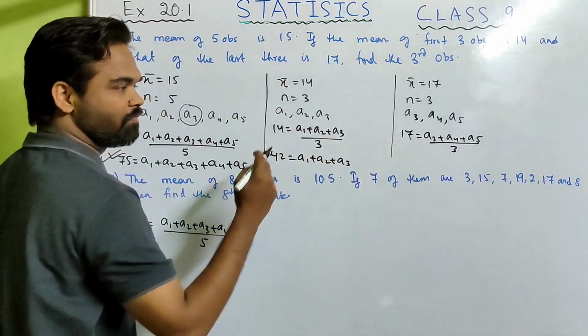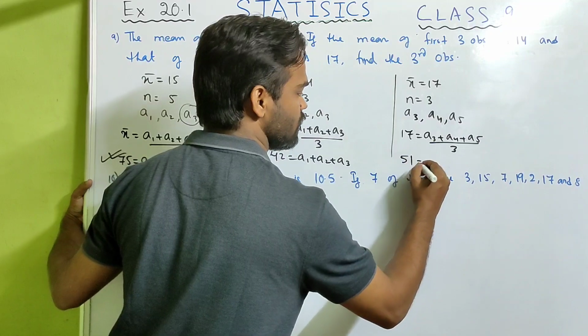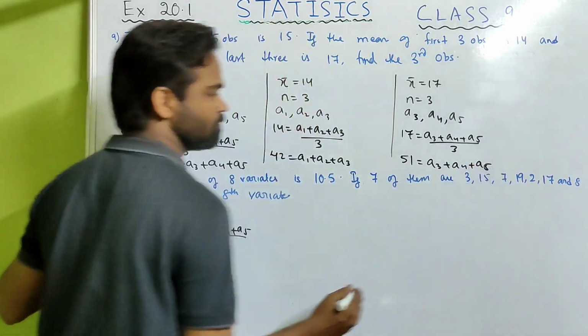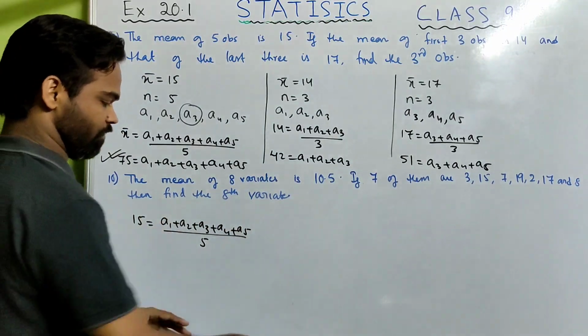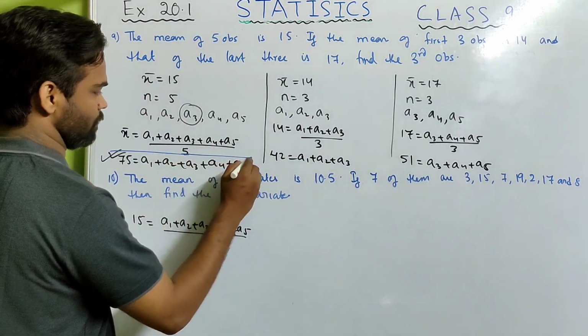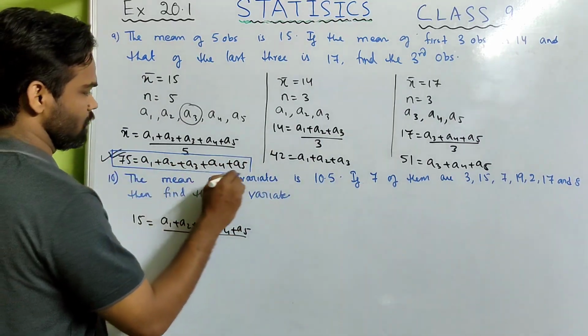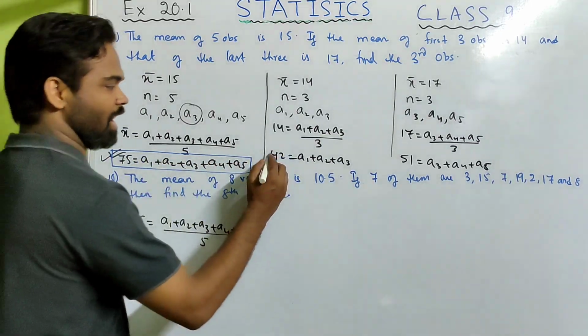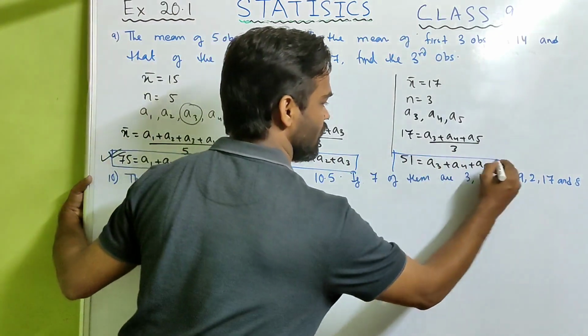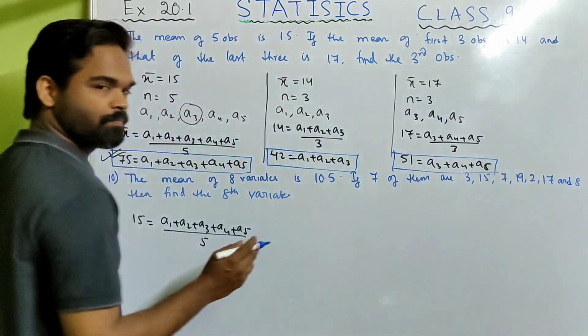So that's 51. So 51 equals A3 plus A4 plus A5, isn't it? Now look carefully. When you add all 5 numbers, you get 75. When you add the first 3 numbers, you get 42. When you add the last 3 numbers, you get 51.